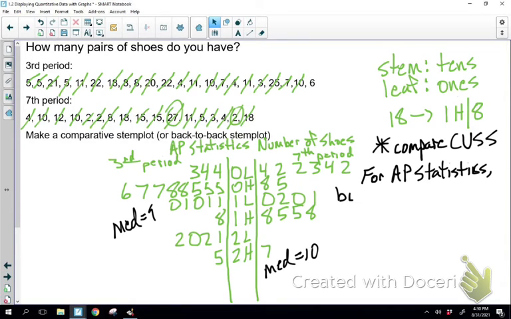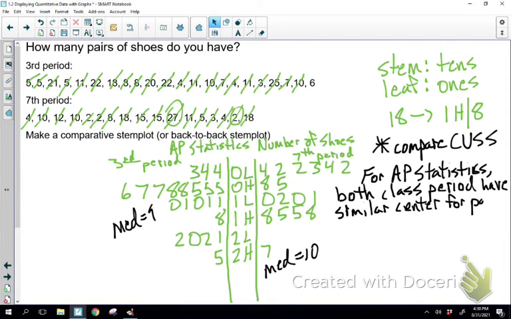Both class periods have similar centers for pairs of shoes. We want to make sure we get that context in there. With third having a median of 9 and seventh having a median of 10.